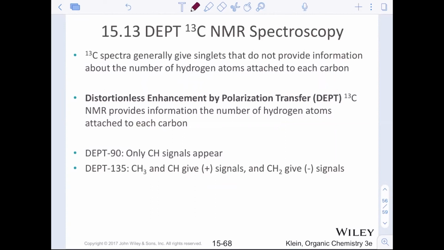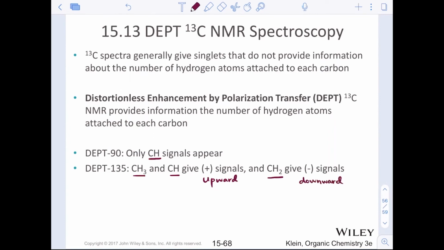Like this, DEPT 90 only shows CH signals. What? That's pretty cool. DEPT 135 will show the CH3 and CH and give them a positive signal that shoots upward, just like our typical signals. I'll show you what that looks like in a second. The CH2, it will actually shoot into the negative, in the downward position.